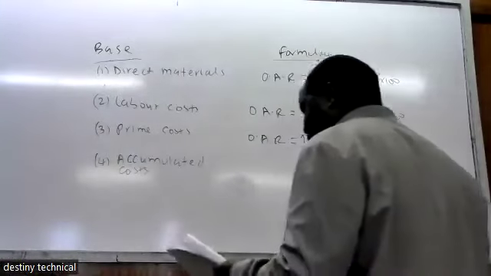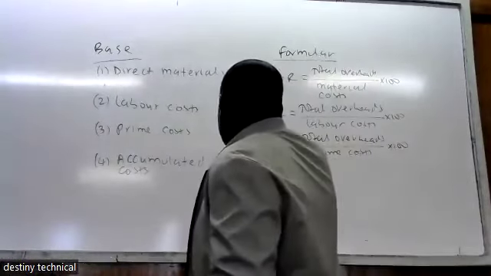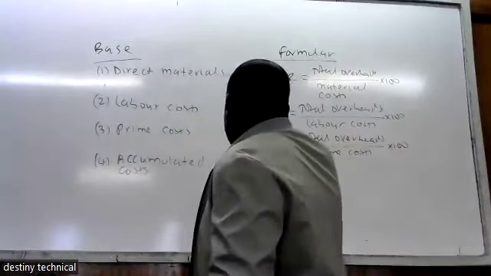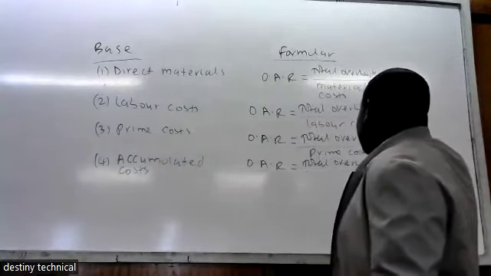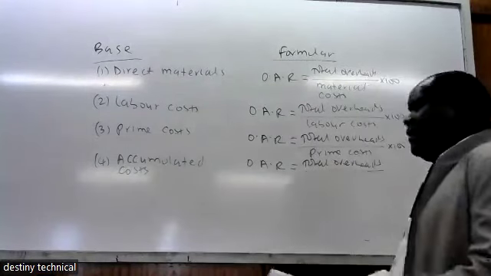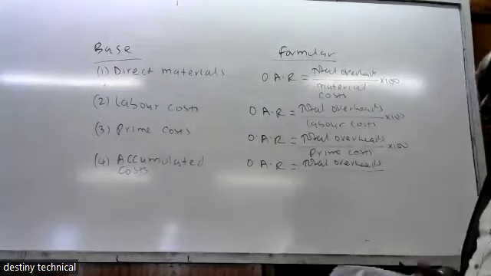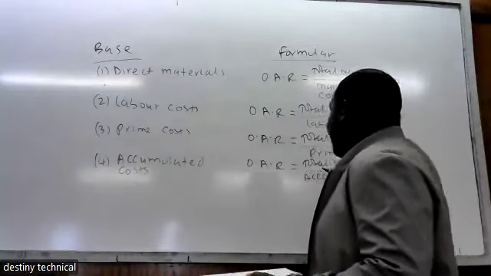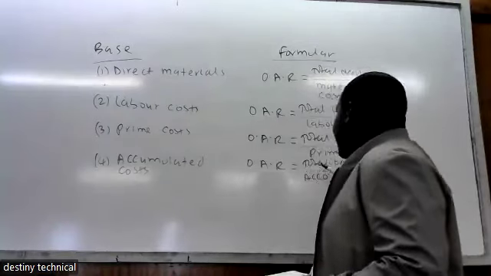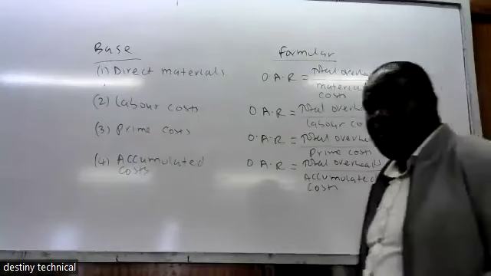For the accumulated costs, the overhead absorption rate will be given by the total overheads divided by the accumulated costs, also expressed as a percentage.